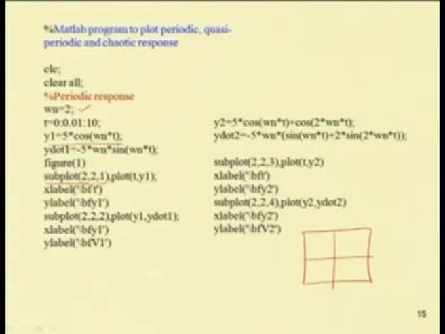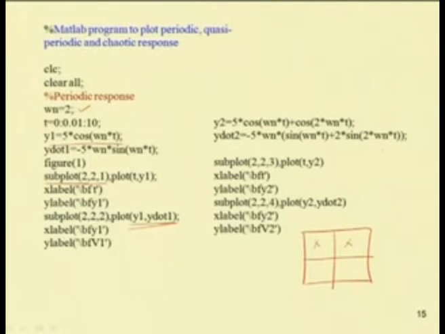So, for example, you have taken this 5 cos omega n t. So, time response of this 5 cos n omega t at this position, so this 2 2 1, then you have plotted the second one at this position, that is 2 2 2. So, this is the phase portrait.